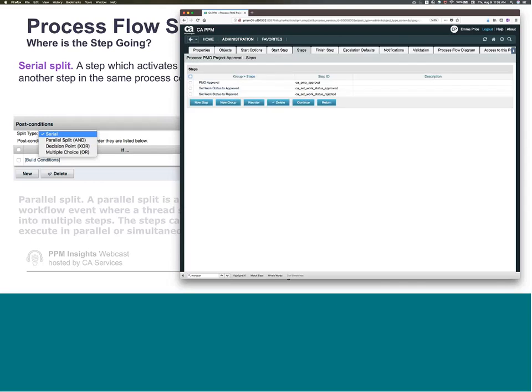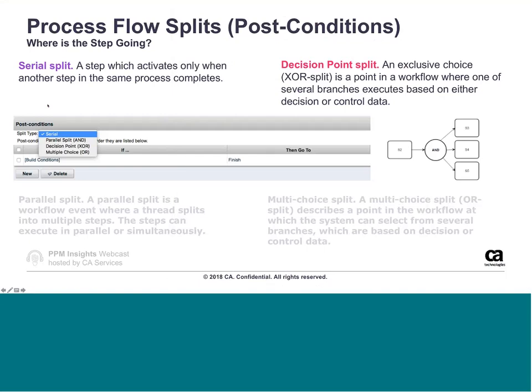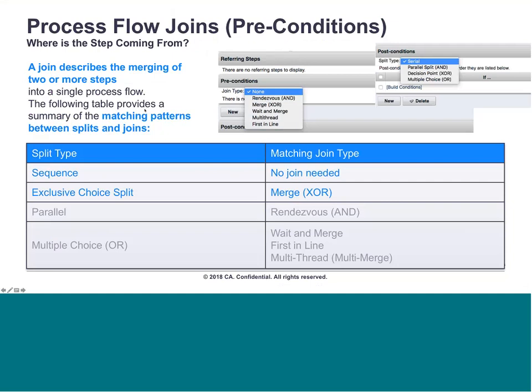So that is the splits, but we also need to talk about joins. So we're creating these splits in our system, but we also need to add joins or preconditions so that our process knows how to interpret incoming steps. So a join is described as the merging of two or more steps that are incoming, and there are 6 different choices.